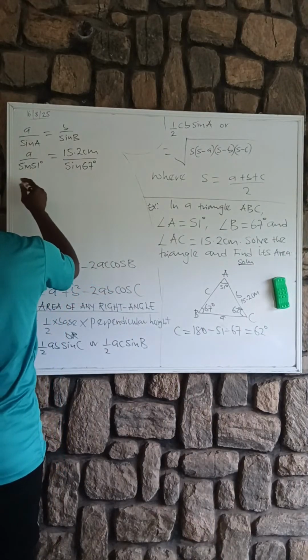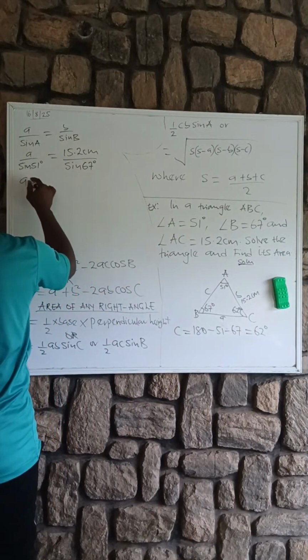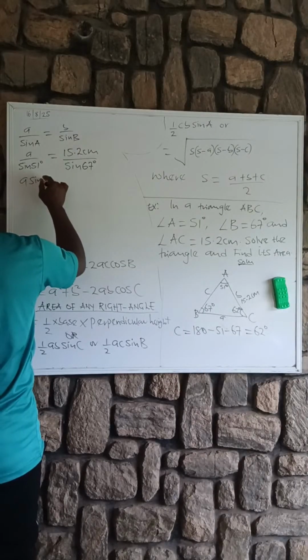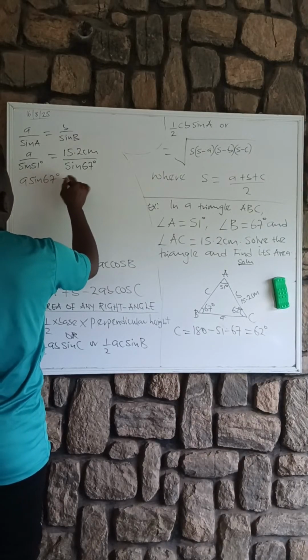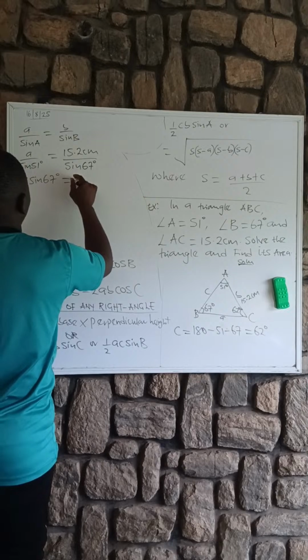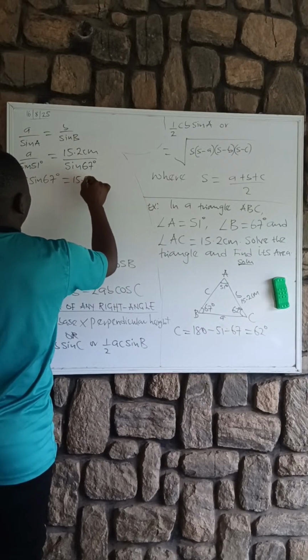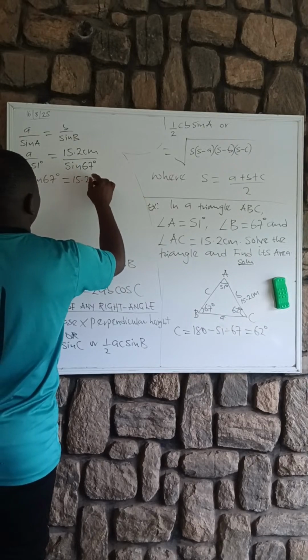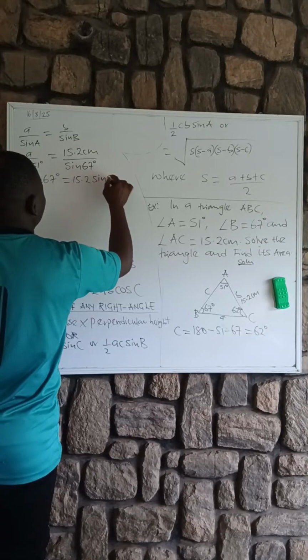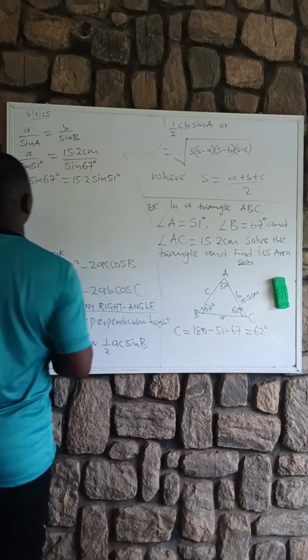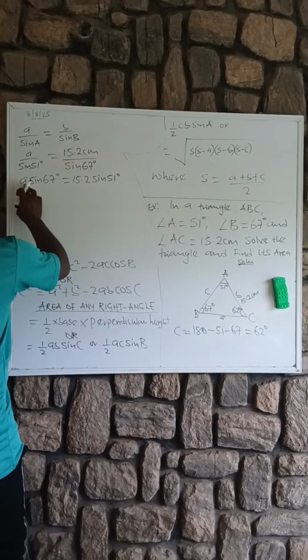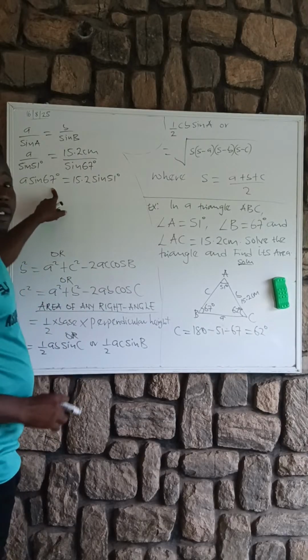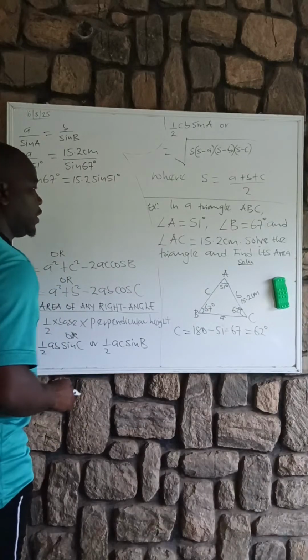This one times this. It means here will be A sine 67 degrees equals 15.2 times sine 51 degrees. This is A. So somebody should press sine 67 degrees.